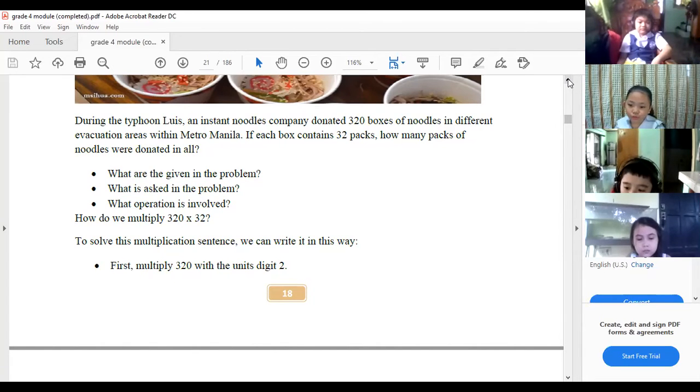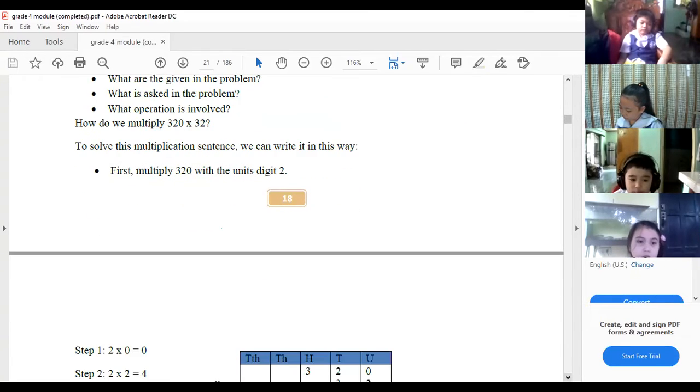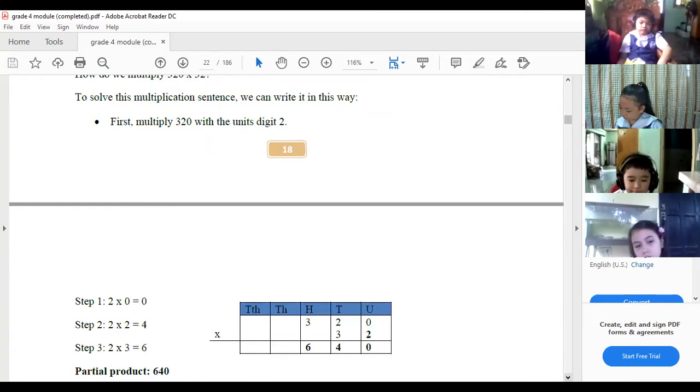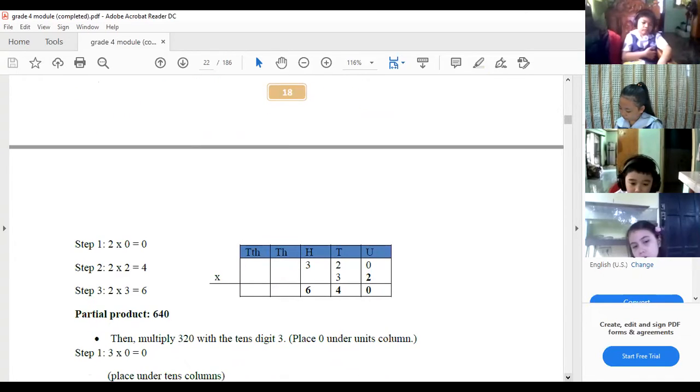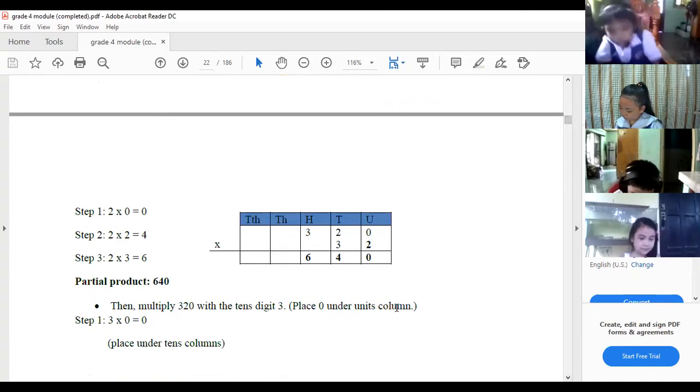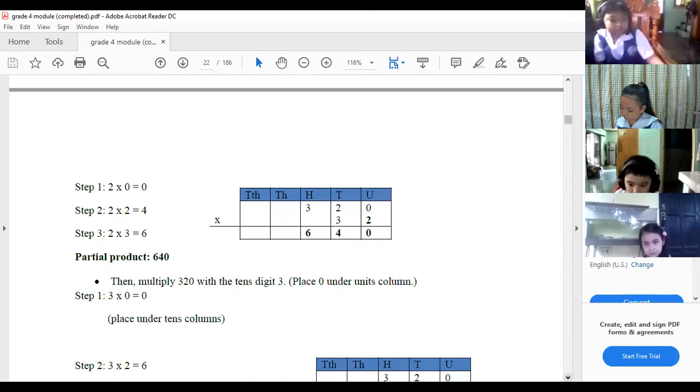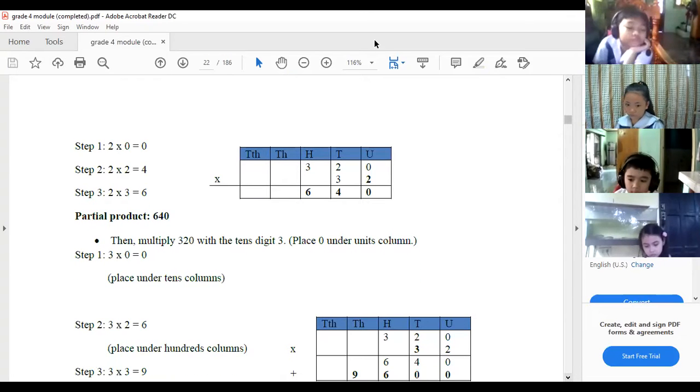Okay, so how do we multiply 320 by 32? To solve this multiplication sentence, we can write it this way. First, multiply 320 with the unit digit 2. Step 1 is 2 times, going upward, right?